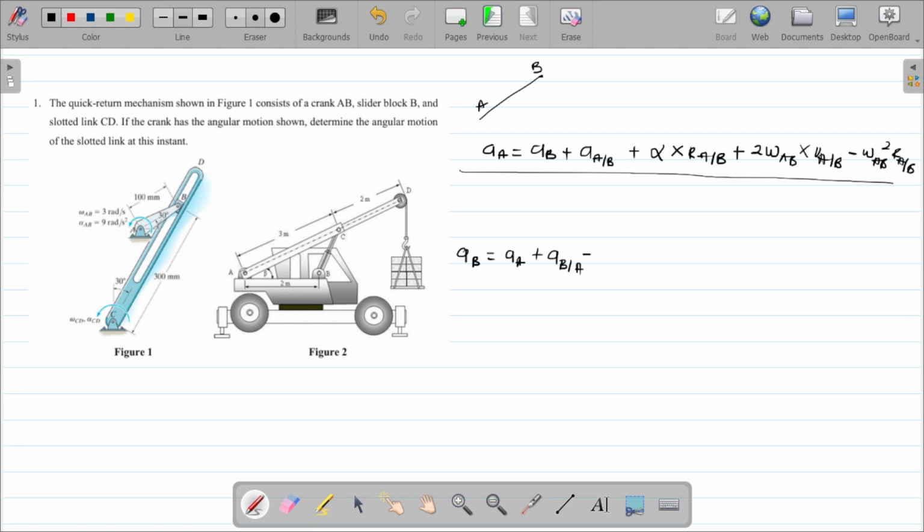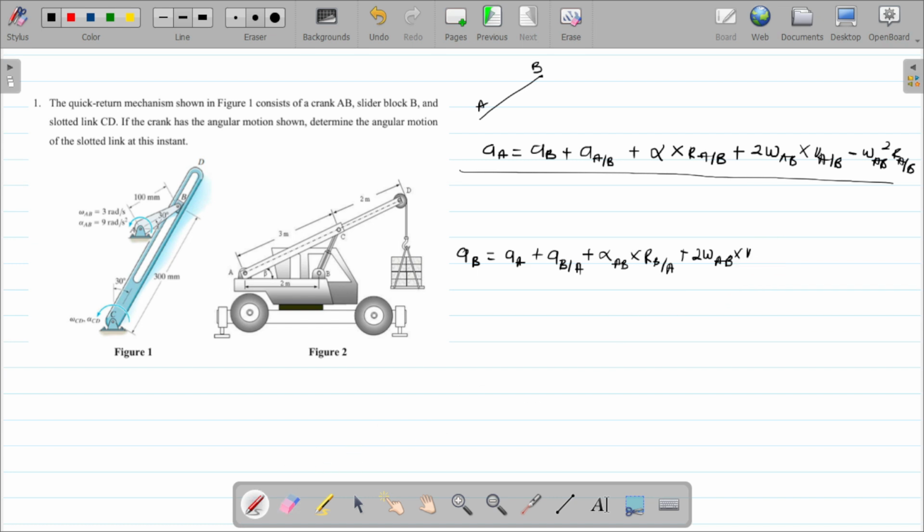Okay, now the next is the alpha AB cross r of B from A plus 2 times omega AB cross r of B with respect to A, and no, that's supposed to be v, right?